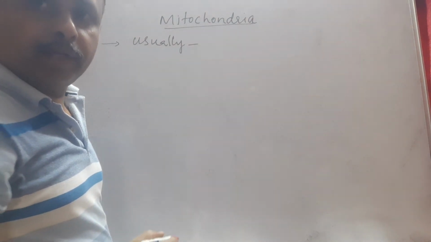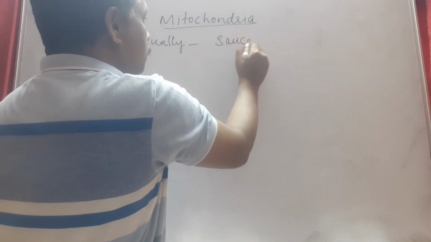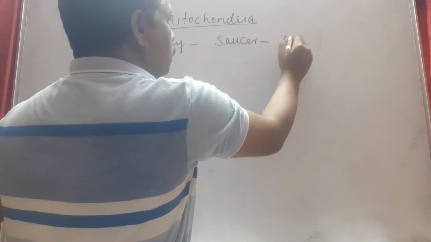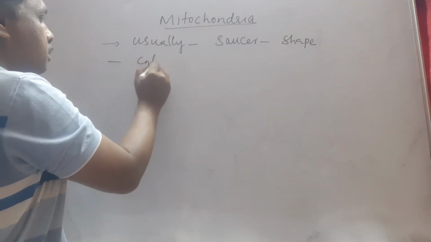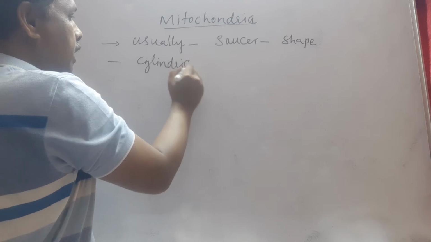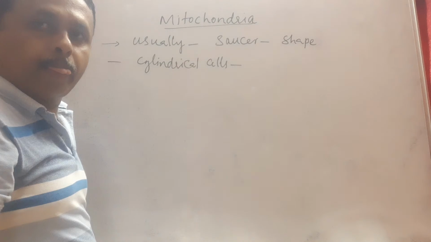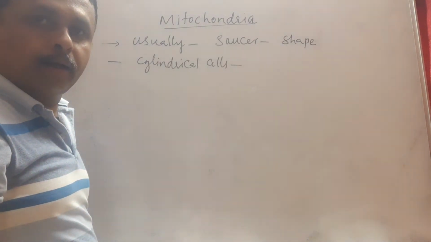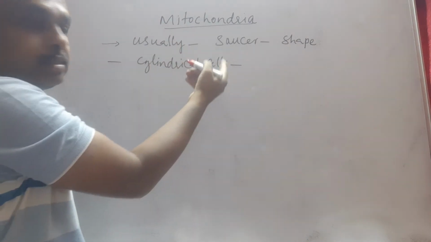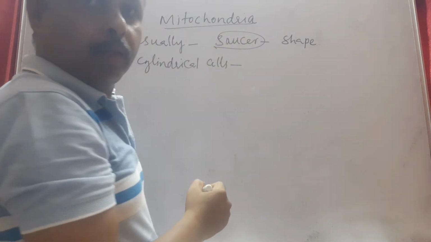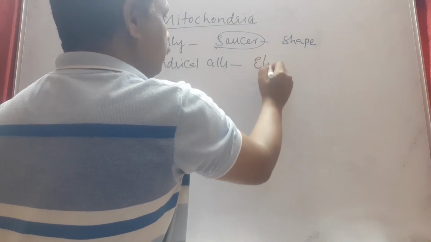The typical mitochondria will be saucer in shape. But in case of cylindrical cells, it will be elliptical in shape.